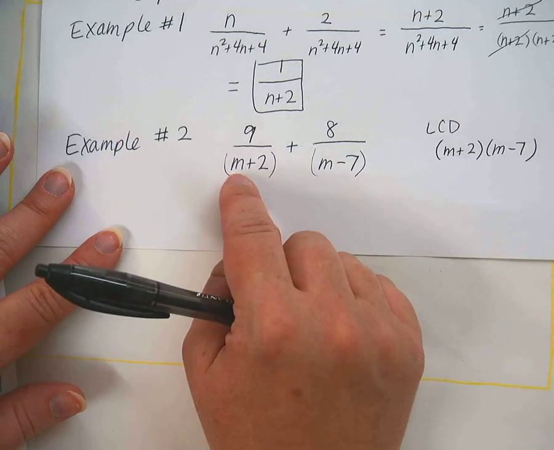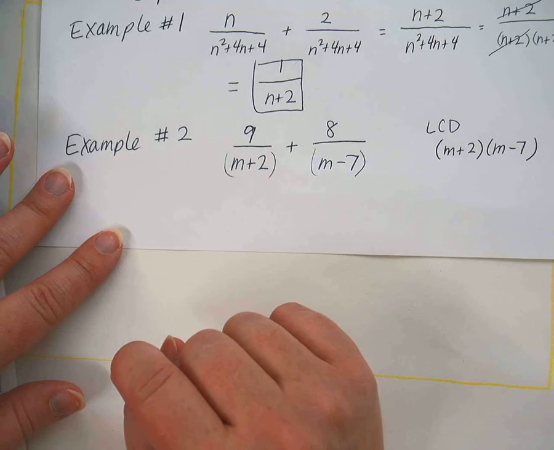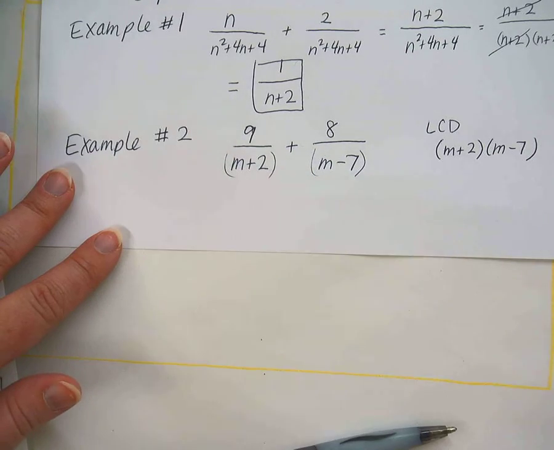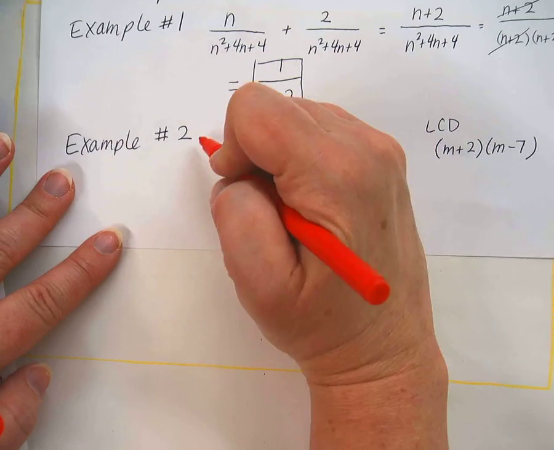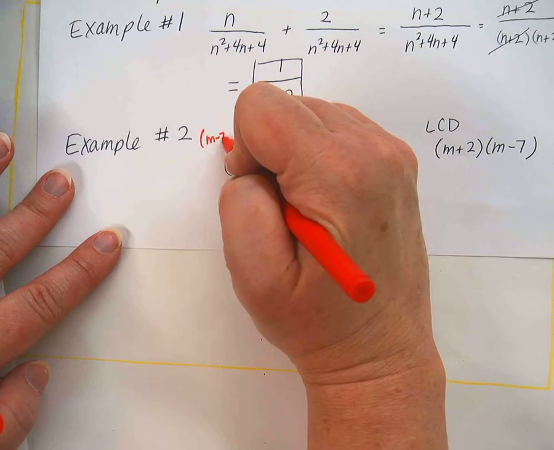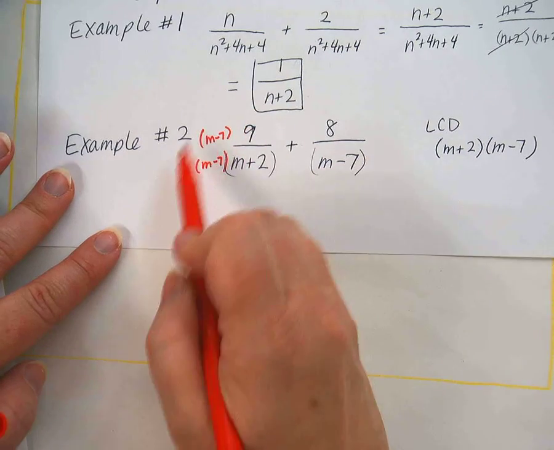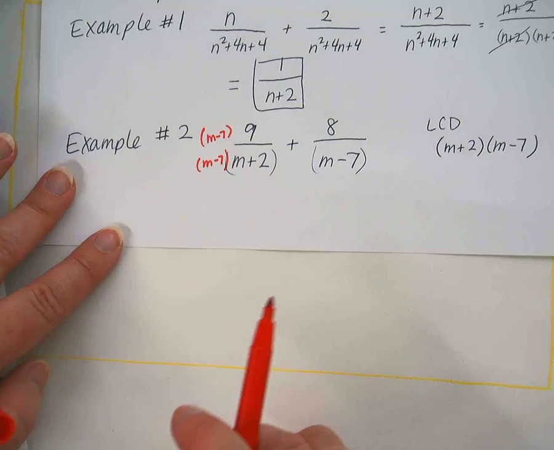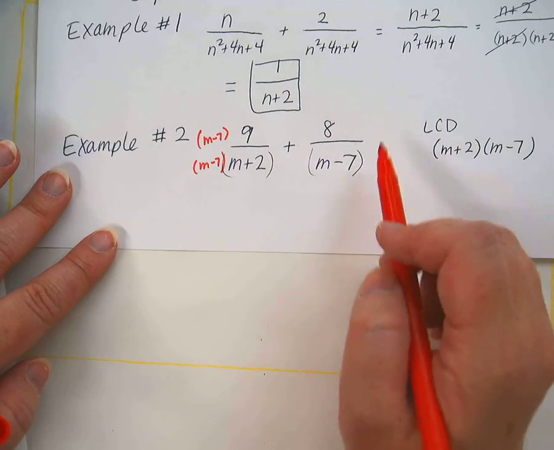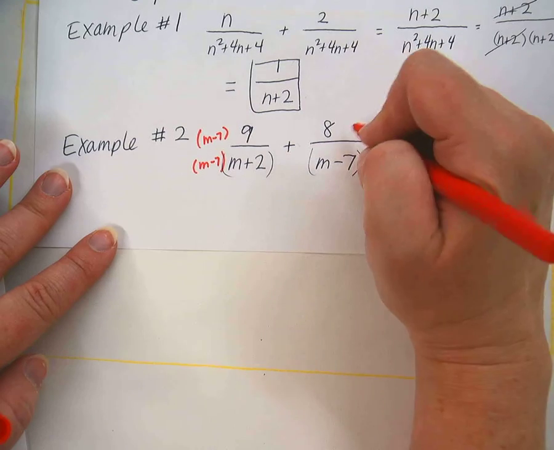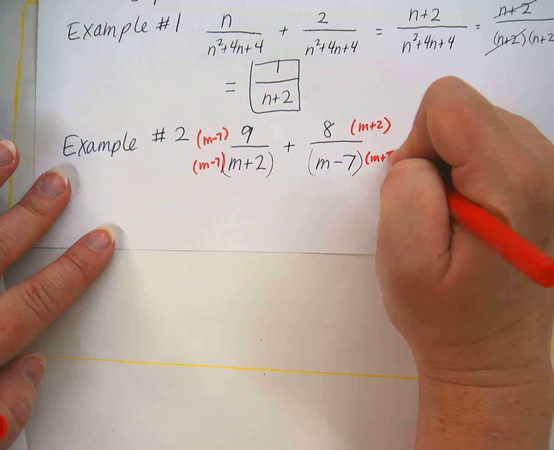Okay, so step 2. What is this fraction missing? m minus 7, correct? So we multiply by m minus 7 over m minus 7 because that's a value of 1 and it doesn't change the values of the fractions. What are we going to multiply this fraction by? m plus 2 and m plus 2.